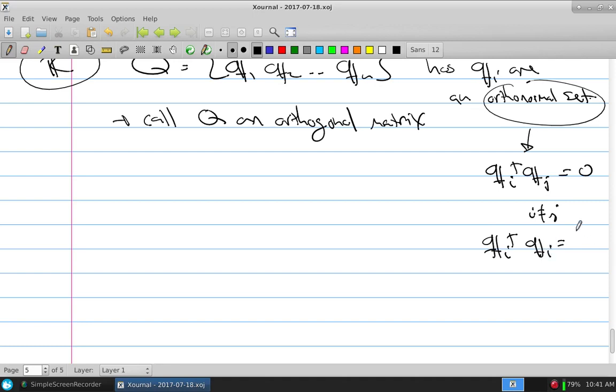It's 1, because it's normal. This is the orthogonal part. This is the normal part. That's why it's orthonormal. Given that, what would these two things mean if I took Q times its own transpose?